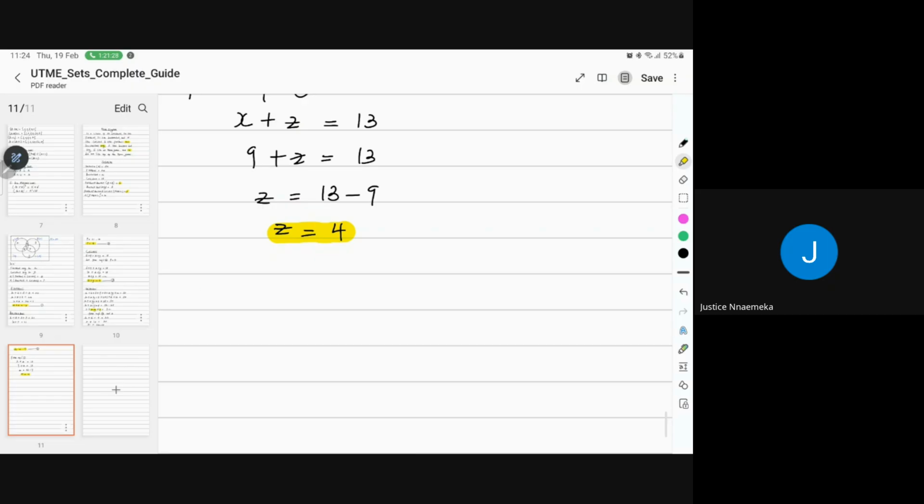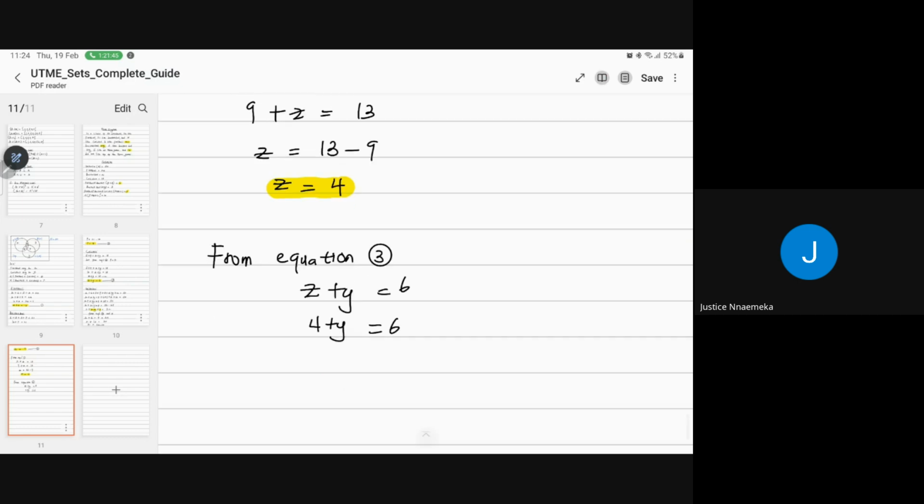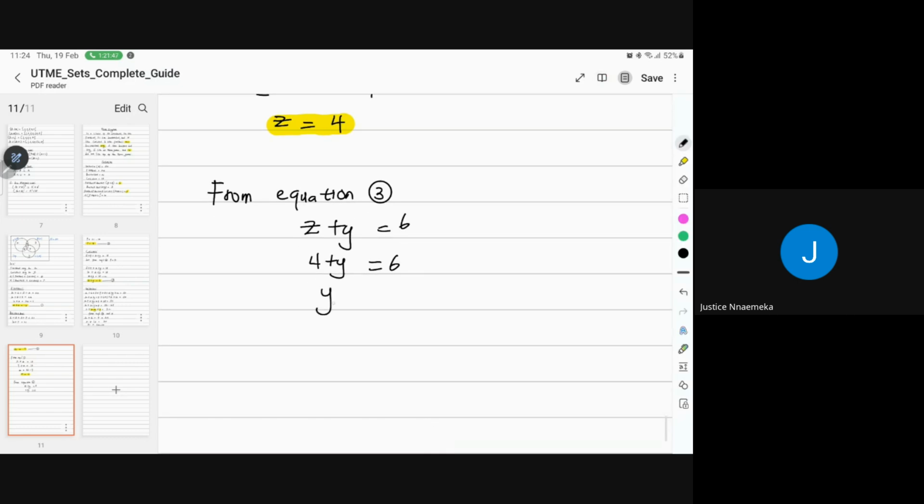From equation 3, we have that z plus y equals 6. So 4 plus y equals 6, so that y is equal to 6 minus 4, which is 2.